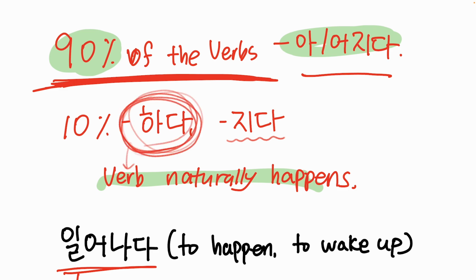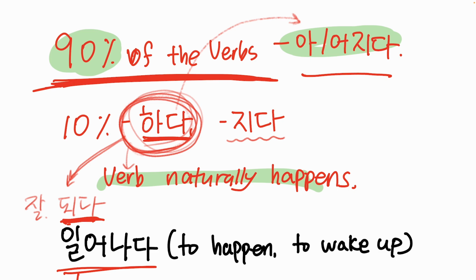But for 하다 ending verbs, guys, they're normally not attached to 아어지다, and if they do, it'll sound very awkward. Instead, there are other ways to make 하다 ending verbs mean something naturally happens or something happens well, which is changing 하다 to 되다 or 잘 되다. 되다 is also a passive form of 하다 ending verb, which I'll explain in the next rule that applies to 하다 ending verbs for turning it into passive form.